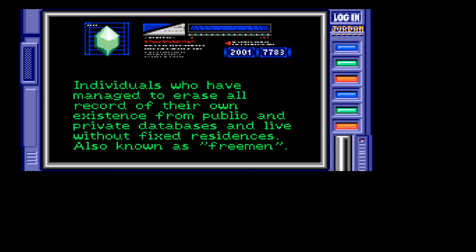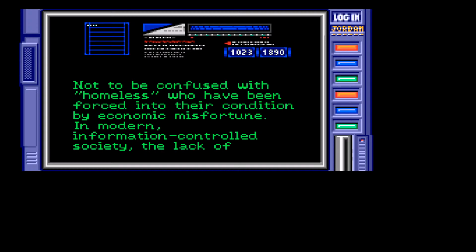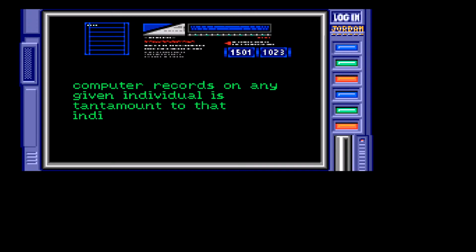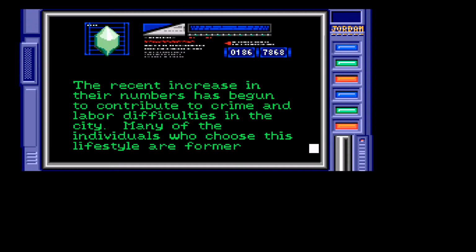Individuals who have managed to erase all records of their own existence from public and private databases and live without fixed residences, also known as free men. Not to be confused with homeless who have been forced into their condition by economic misfortune. In modern information-controlled society, the lack of computer records on any given individual is tantamount to that individual's non-existence. The recent increases in their numbers has begun to contribute to crime and labor difficulties in the city.